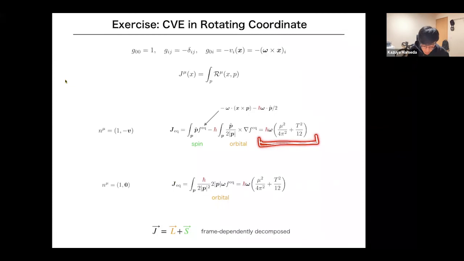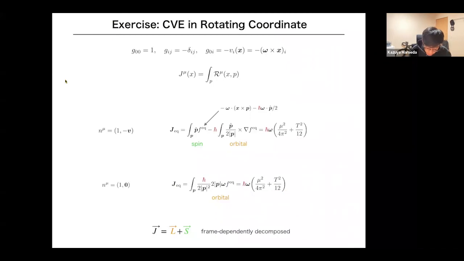Here we are choosing two different frame vectors. But the important point is, first, for both frame vectors n, we get the same expression of the current. So this correctly reproduces the chiral vortical effect.